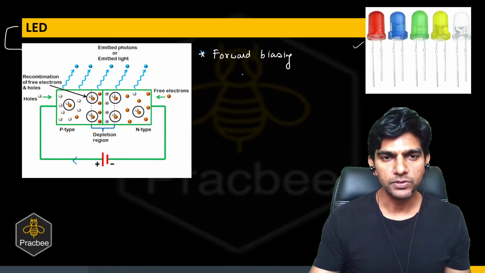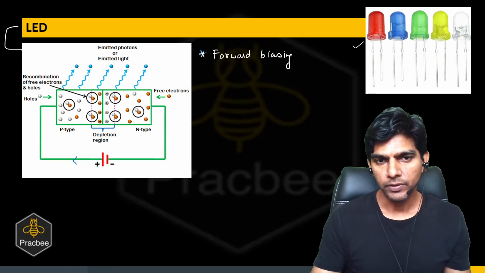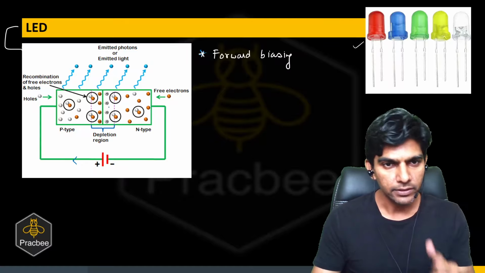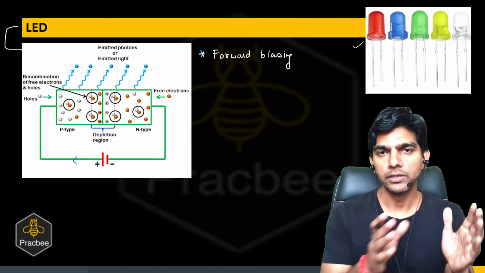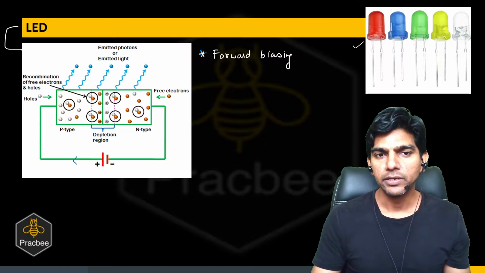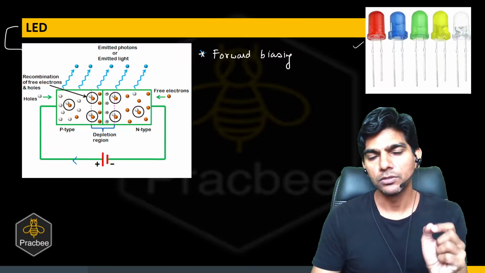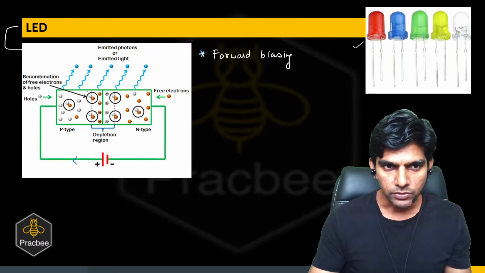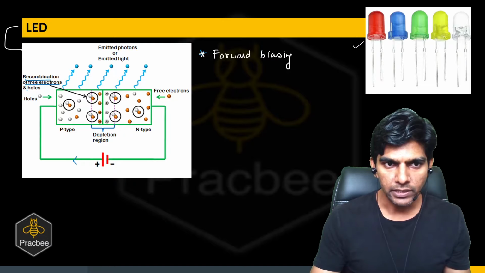Can you see the photons? If some photon is generated by the LED, those photons can come out. At the depletion region, in forward biasing, a large amount of current flows through the depletion region. So recombination of electron hole pairs happens close to the depletion region. Can you see there is a recombination of free electrons and holes?